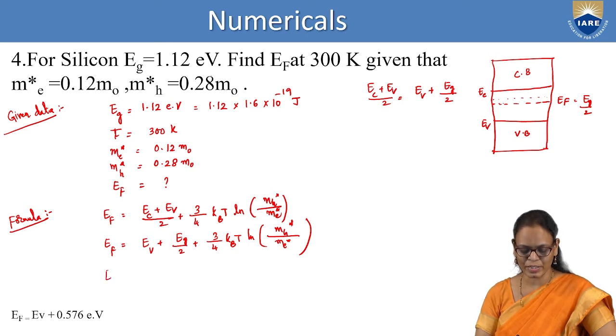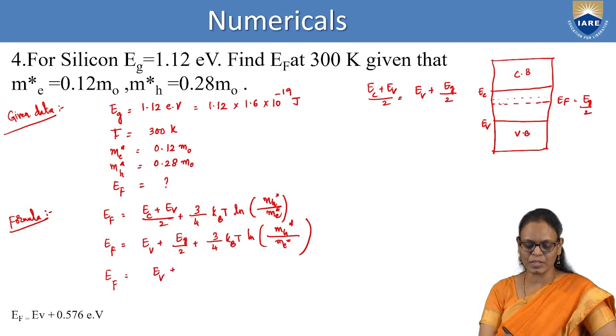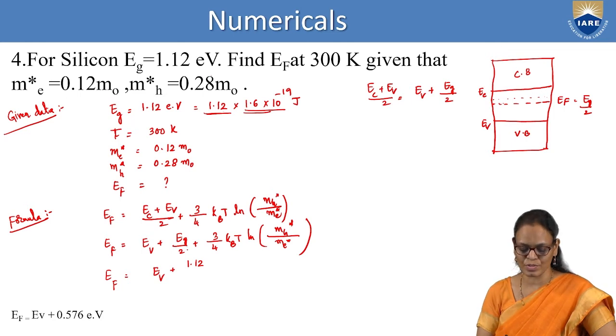So how do we write now? EF is equal to EV plus EG. What is the value of EG? 1.12. If we are going to find it in electron volt, we can simply neglect this and write it as 1.12 electron volt. So I am doing it in electron volt.